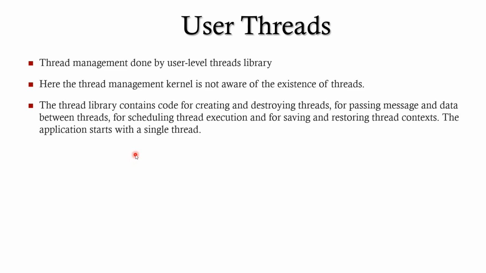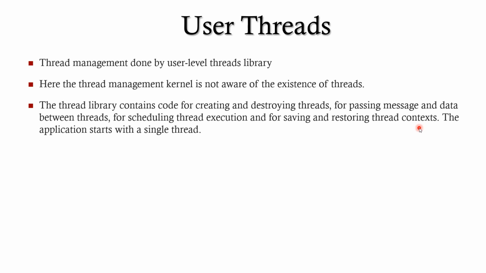The thread library contains code for creating and destroying threads, for passing message and data between threads, that is between the parent and the child, for scheduling thread execution, and for saving and restoring thread context.